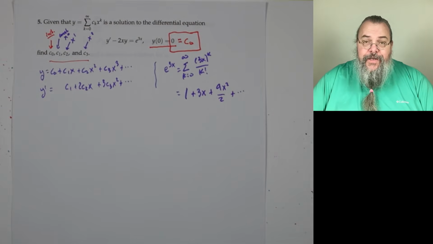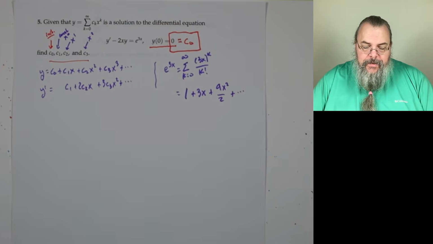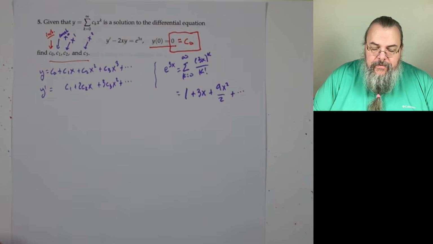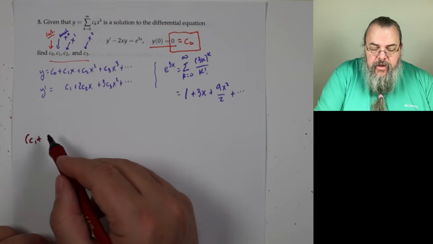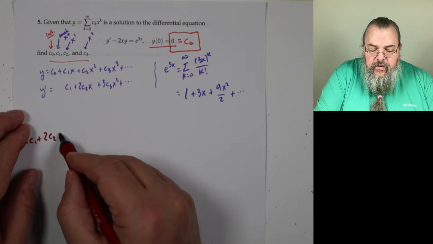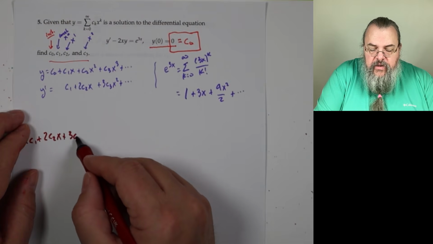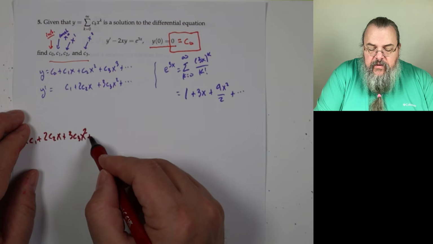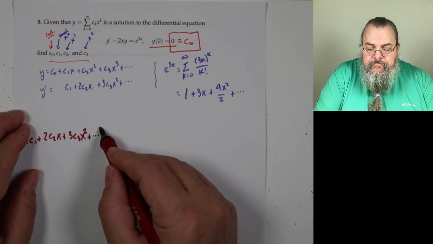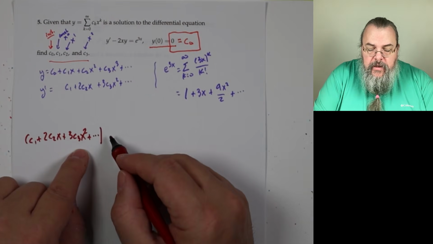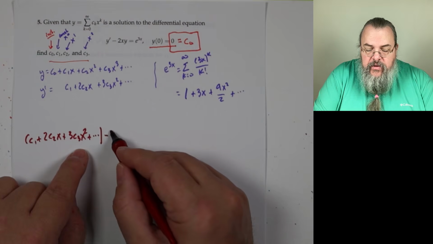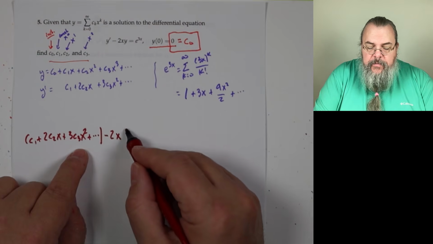Okay, so here we go. We have our y prime, c1 plus 2c2x plus 3c3x squared plus dot, dot, dot. Okay, that's only need to go up through quadratic, minus 2x times y.